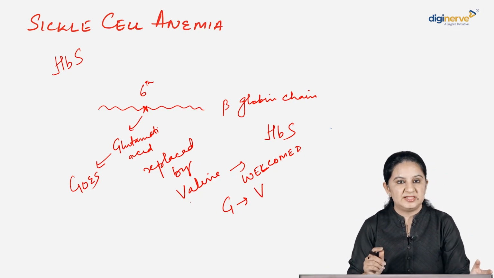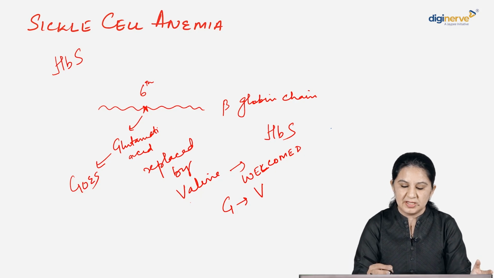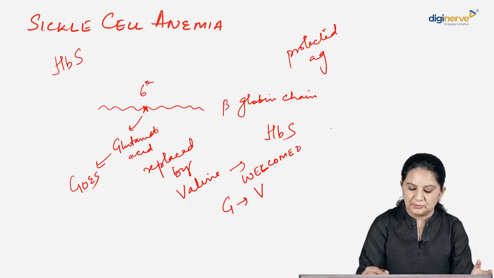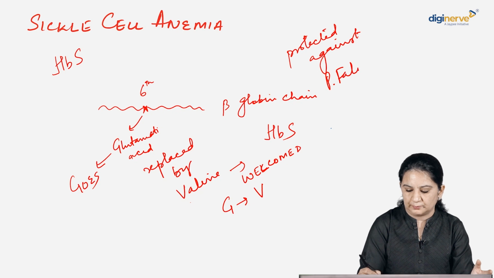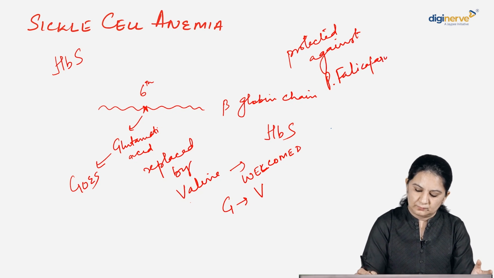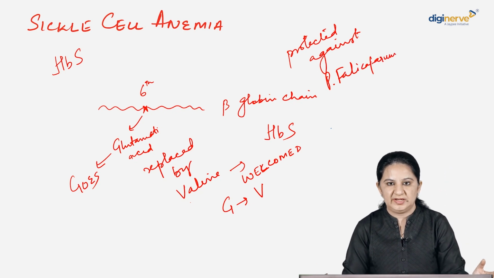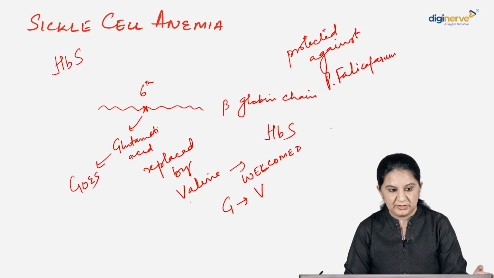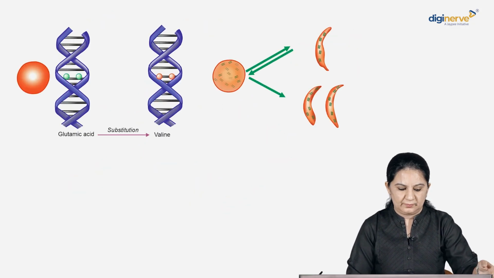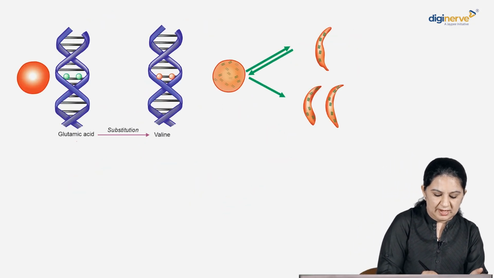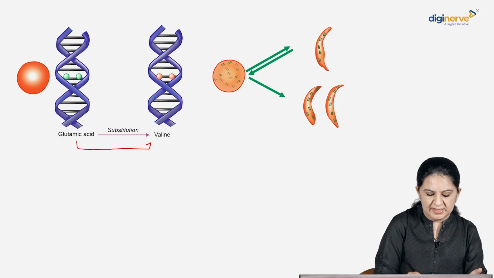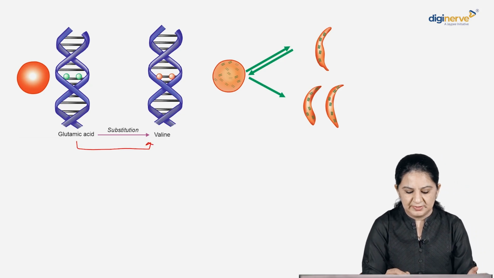Please remember, these patients with sickle hemoglobin, very important question, are protected against Plasmodium falciparum. So these patients have very less chances of getting Plasmodium falciparum. Now what will happen?